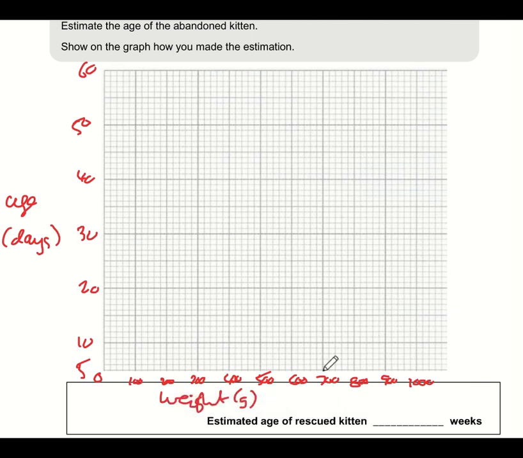So I've got 650. So there is 600, there is 50 there. I've got 340, 28.